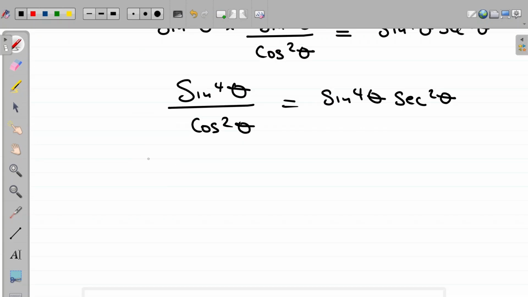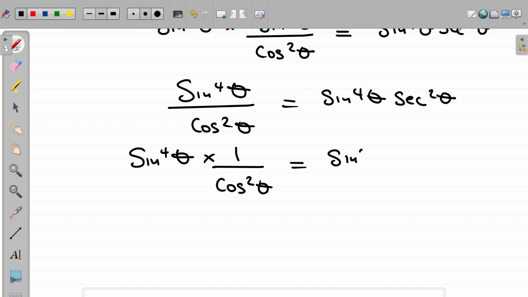Now our left hand side can be expressed as sine to the power of 4 theta multiplied by 1 divided by cos square theta is equal to sine to the power of 4 theta sec square theta. 1 divided by cos square theta is given as sec square theta.